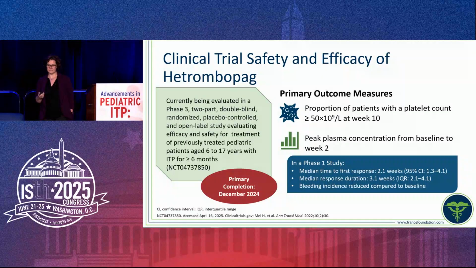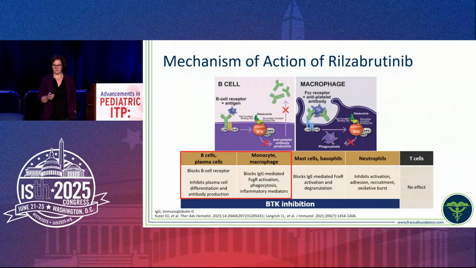It was expected to complete enrollment in December, and the primary outcomes for this trial will be proportion of patients with a platelet count over 50 at week 10, and then peak platelet counts from baseline at week 2. And in a phase 1 study, the median time to first response was about 2 weeks, and the median duration was about 3 weeks. It also showed a decrease in bleeding compared to baseline. So we'll see what hetrombopag ends up showing us.